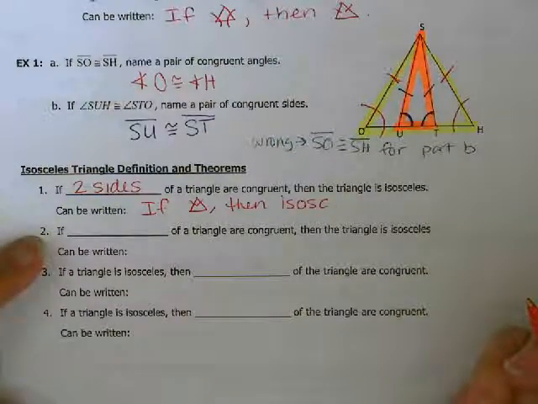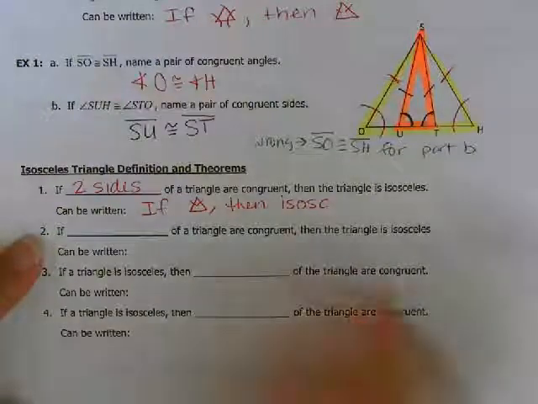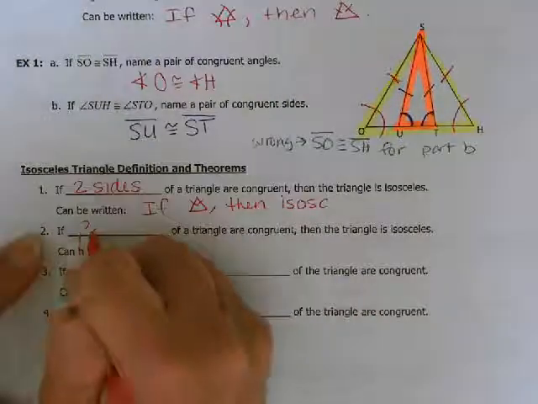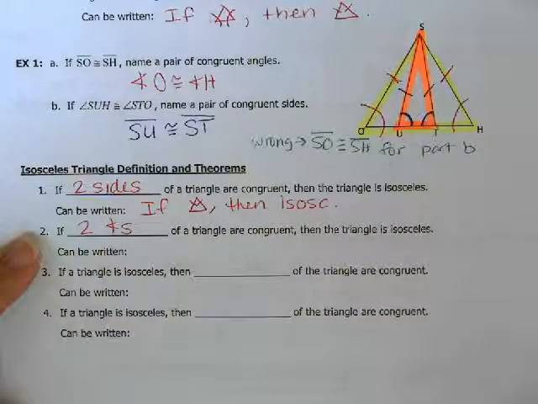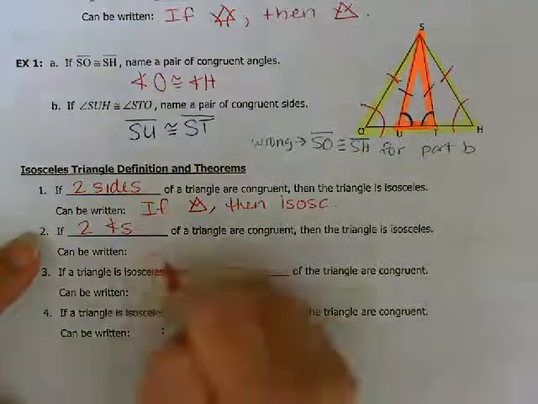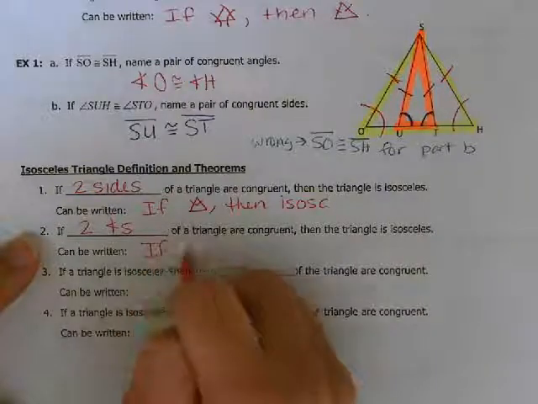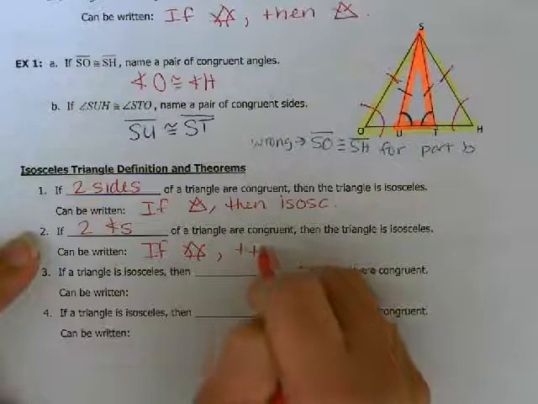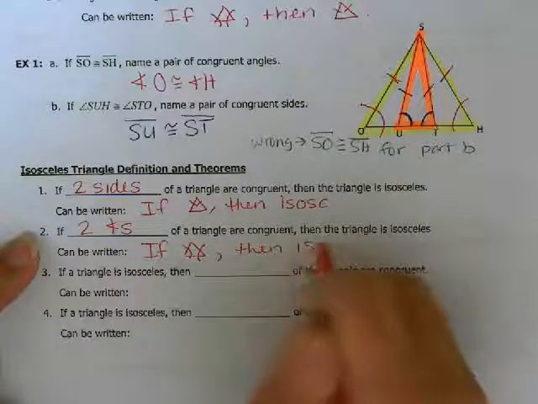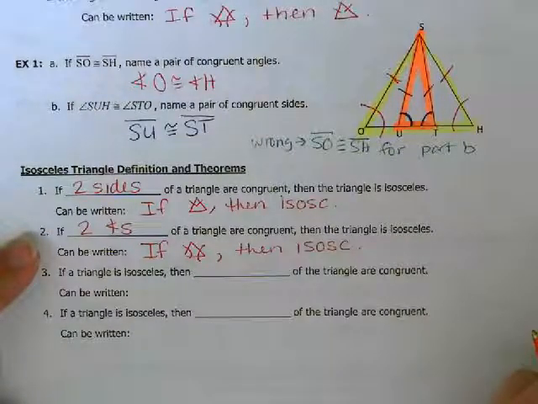Additionally, we can say that if two angles of a triangle are congruent, then the triangle is isosceles. Symbolically, that can be written: if base angles are congruent, then isosceles. Okay.